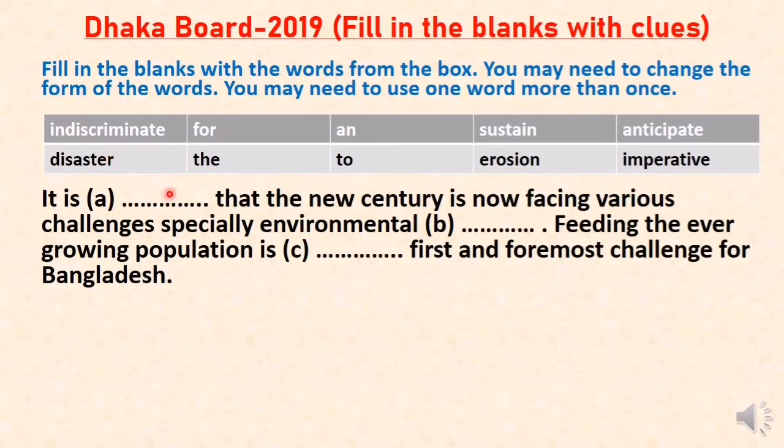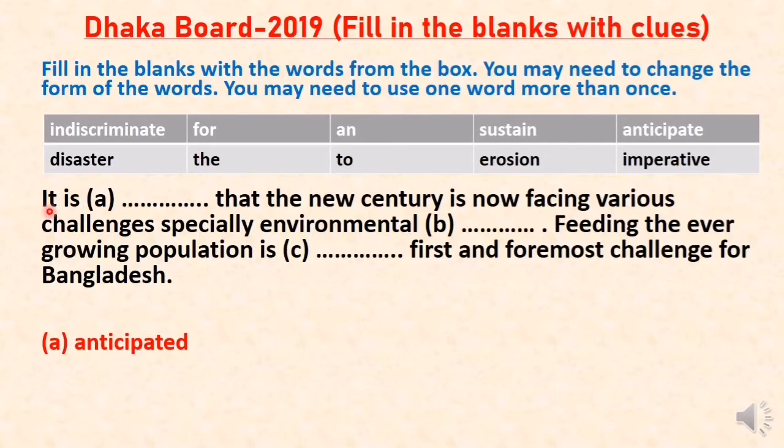And here it indicates a meaning which tells or shows carefulness of choice or planning like this way. So the answer will be here anticipate. So this word we are going to take, and as this is the passive voice we are going to write this verb anticipate in the V3 form.